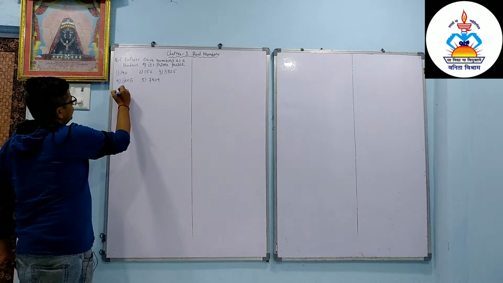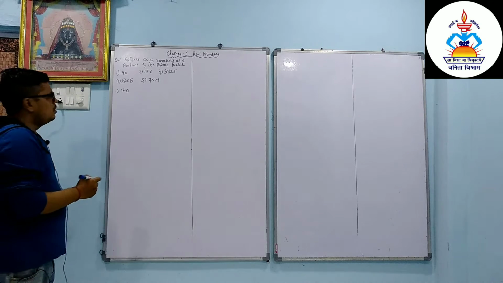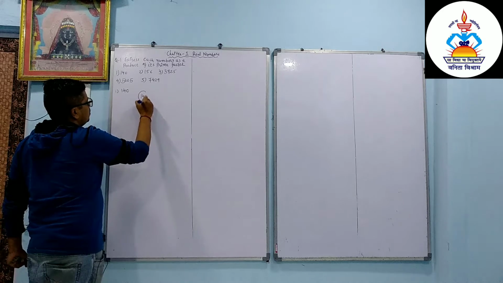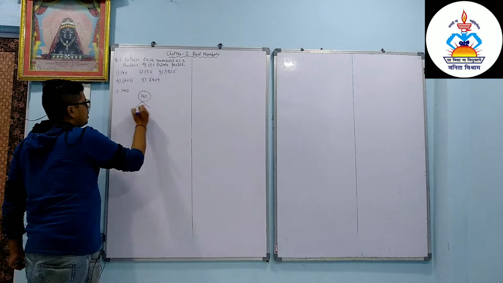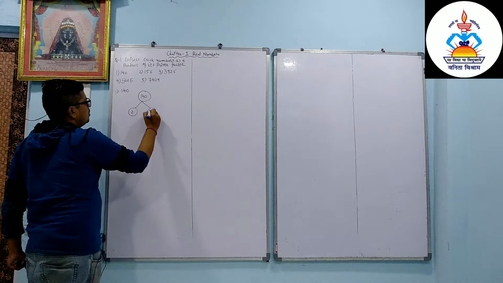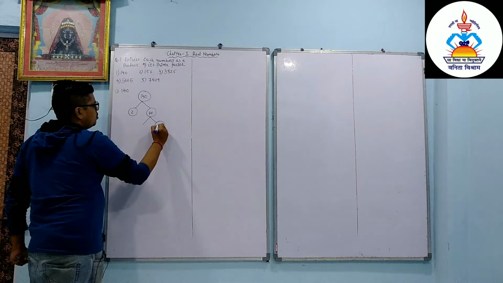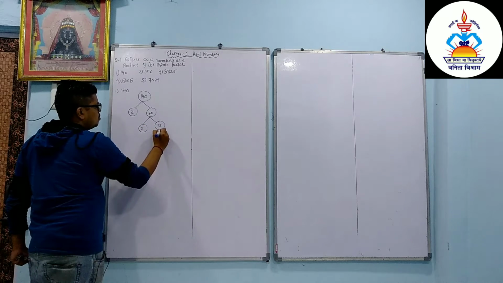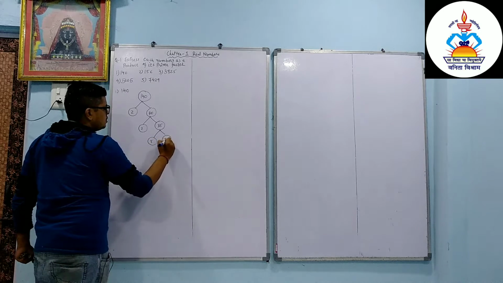So for the first question, we have to do 140. We have to get the prime factors by the factor tree method. So we will write here 140 in the circle, or you can make a box, and we write the factors. Okay, so the first factor of 140 is 2 and 70. Then we know that 70 is divided into two parts, that is 2 and 35. 35 is divided into two parts, that is 5 and 7.